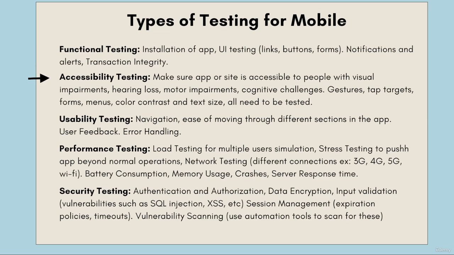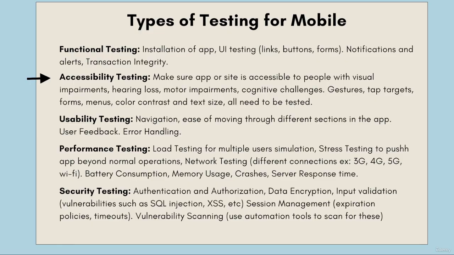Accessibility testing. Make sure the app or site is accessible to people with visual impairments, hearing loss, motor impairments, cognitive challenges, gestures, tap targets, forms, menus, color contrast, and text size. All that needs to be tested. Now again, if you're a mobile tester and that's your specialty, you've got to learn the basics of accessibility testing.